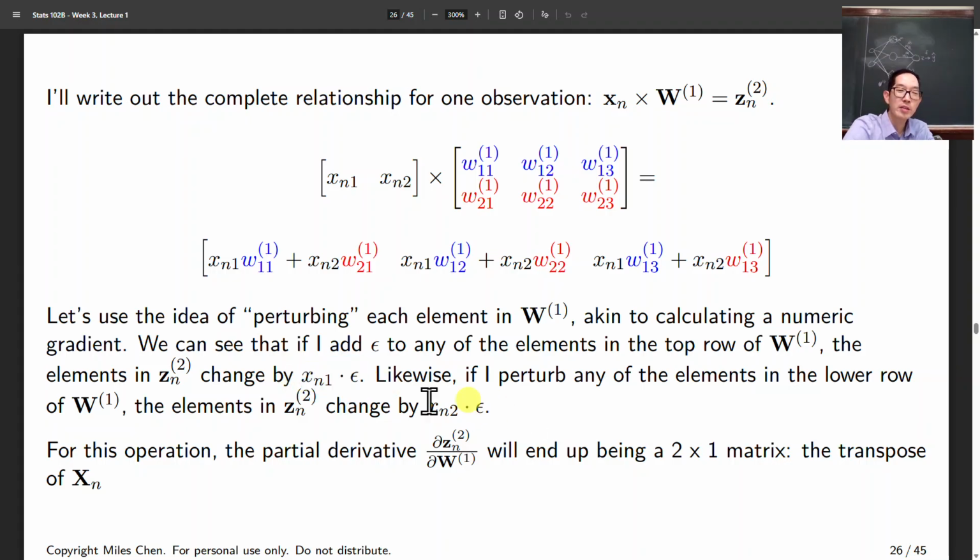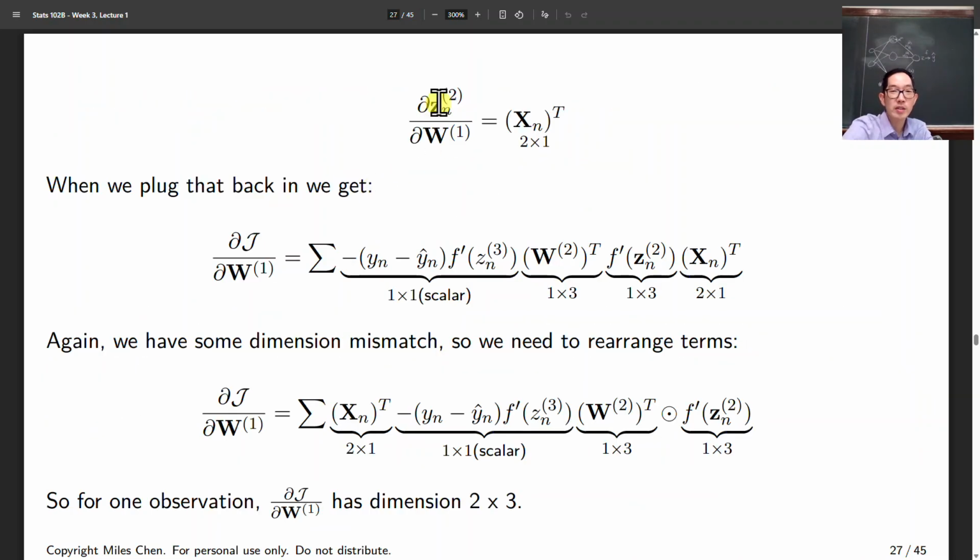So we can think of the partial derivative of Zn as a 2 by 1 matrix, basically the transpose of our x. We're going to say, how does the nth row in Z change with respect to W1? We're going to get the nth row in X transpose.